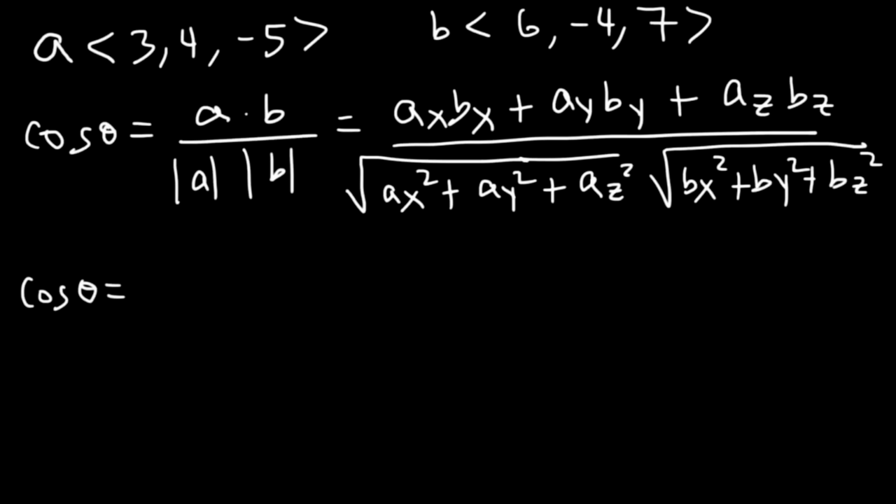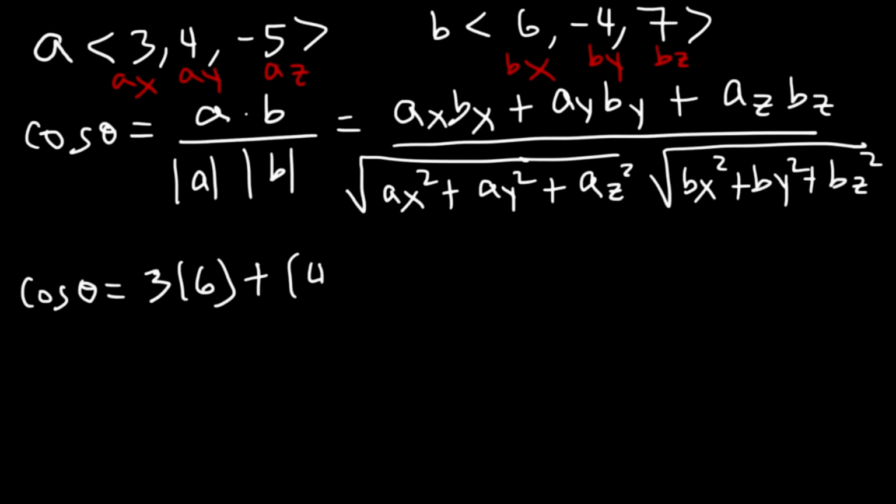So let's write down everything. So this is AX, AY, and AZ. This is going to be BX, BY, BZ. So AX times BX, that's 3 times 6. And then AY times BY, that's 4 times negative 4.